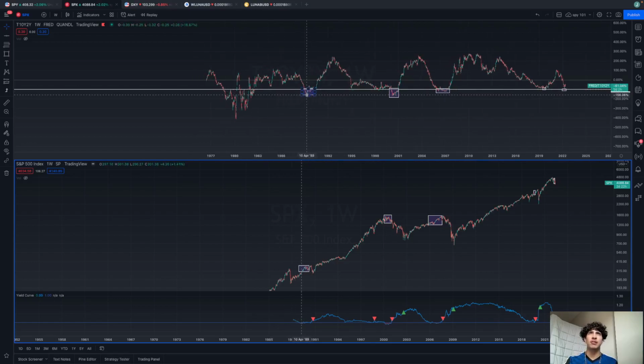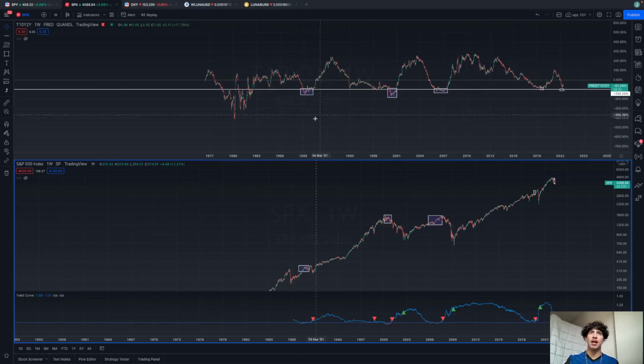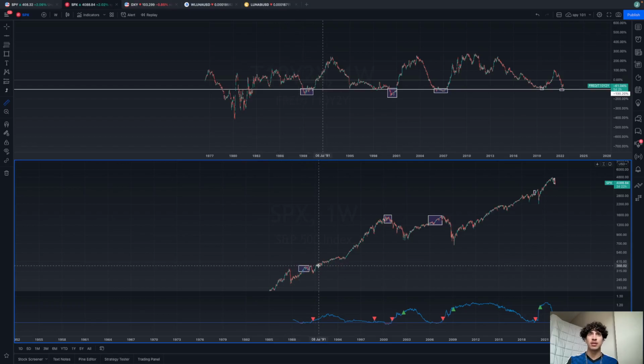I put a rectangle around each time it went under zero, and I did it for the same times on the markets and on the yield curve. Where I boxed this in, that's the same time frame as this box, and it went under. This was in a topping process. You can't really call the exact dates on this. It's not a spot-on correlation, but it is a very accurate indicator based on the past for predicting a recession. You had it here, and we had a big drawdown that was very fast too.